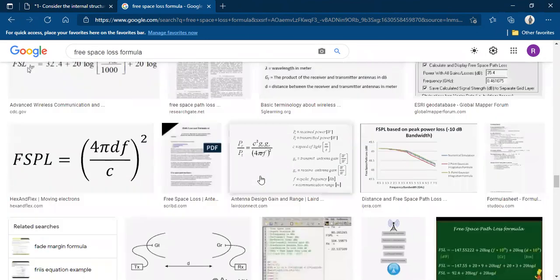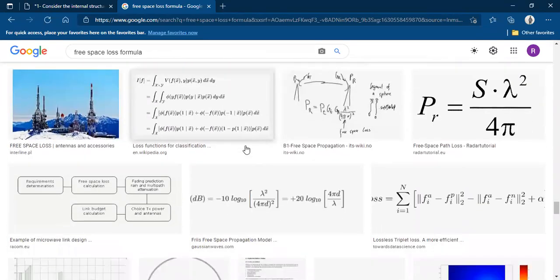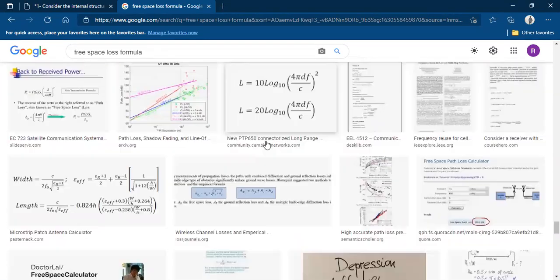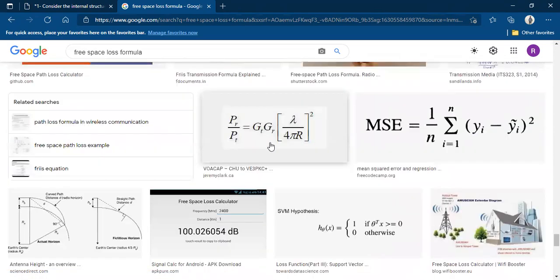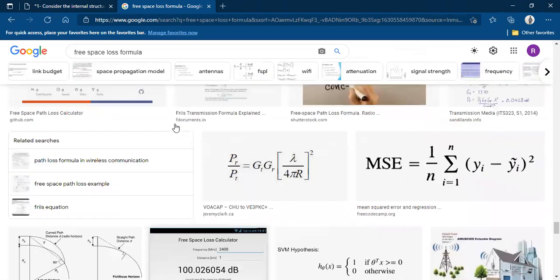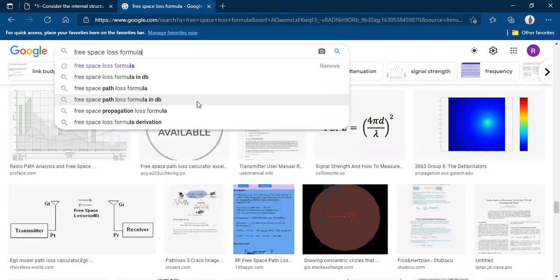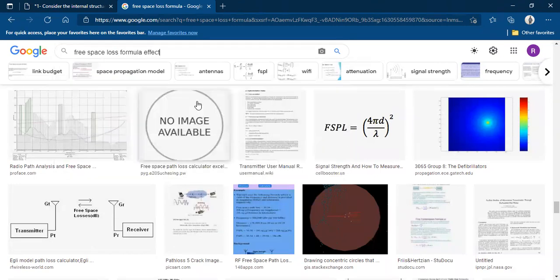There's actually a particular formula over here. I had it yesterday, but I lost it, so I have to search again using Google. Effective area, I think.